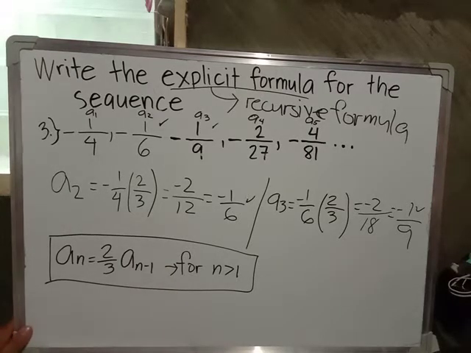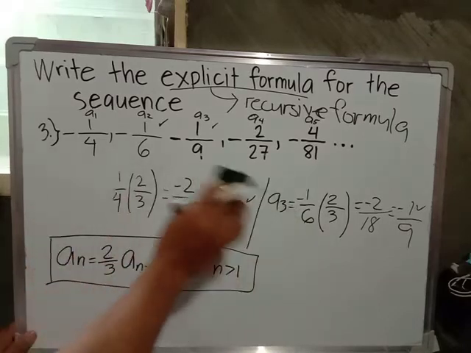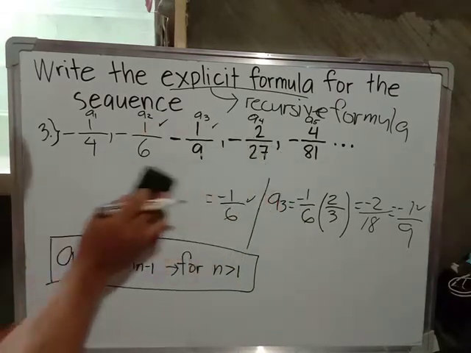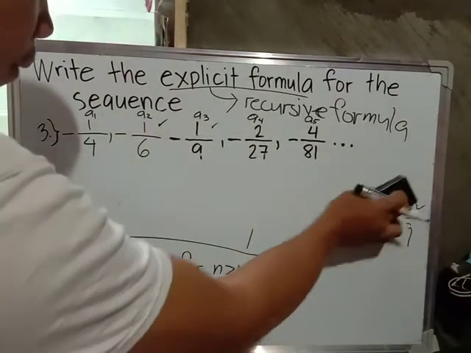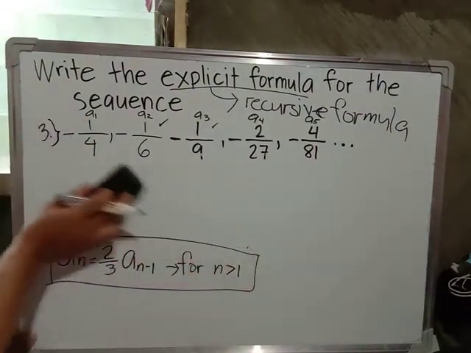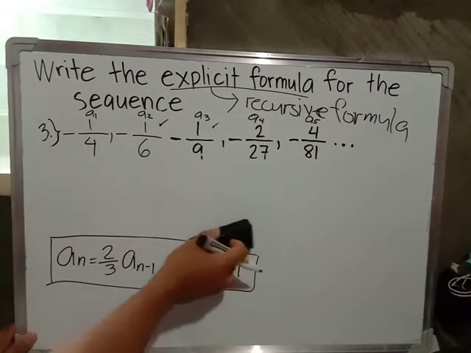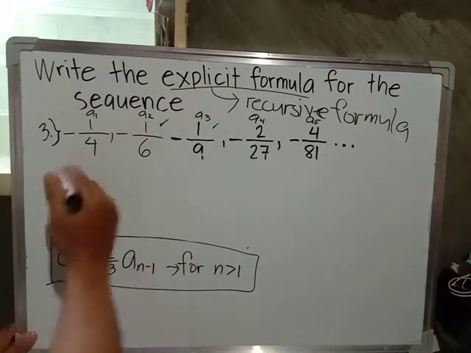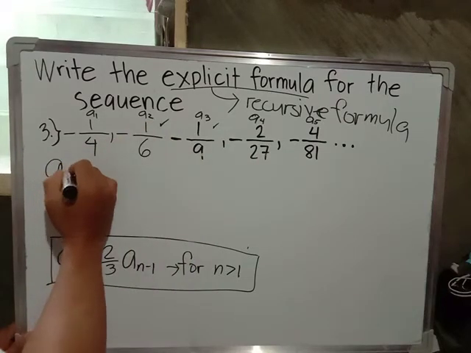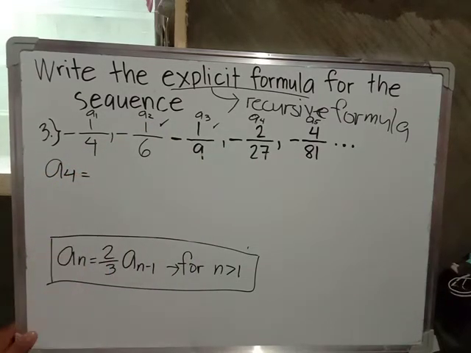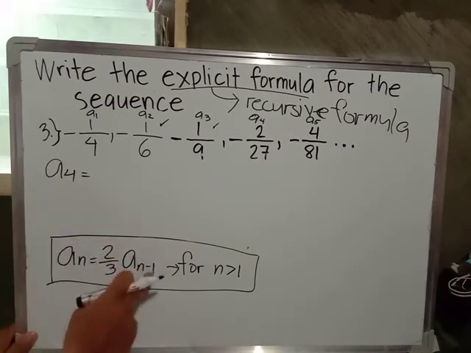Okay, let's try natin ito. Nasolve na natin si E2 and E3. Try natin si E4 and E5, kung tama ba ang formula natin. Since E4 is equal to E_(n-1) times 2/3, so 4 minus 1 is 3.